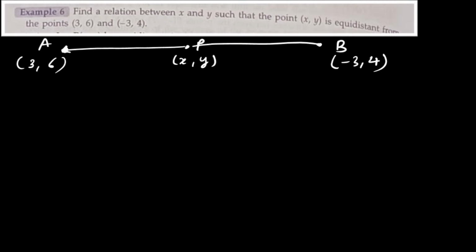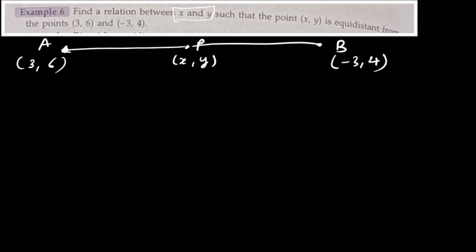So point P is equidistant from A and B. A's coordinates are 3, 6, B's coordinates are minus 3, 4. So same type of question, but we don't have to find any variable in this question. We just have to find the relation between x and y.